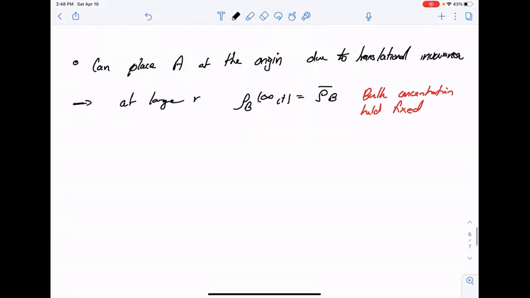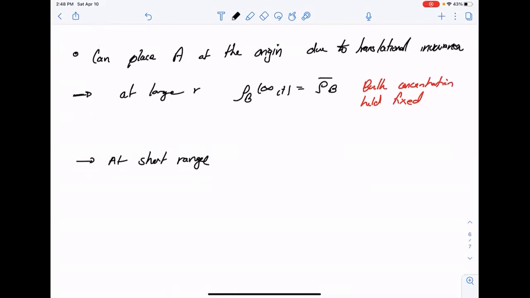The short range boundary condition is a little bit more complicated. So this long range acts as one boundary condition. The short range, we will assume that there is a constant flux. We want to solve this problem in steady state.